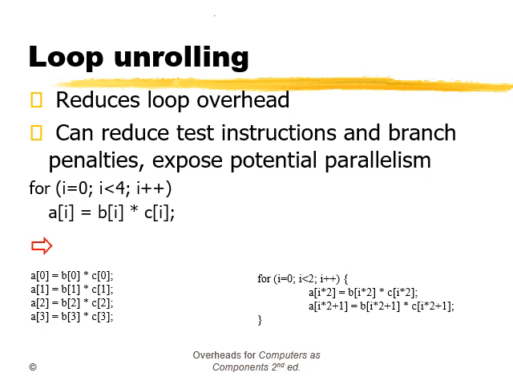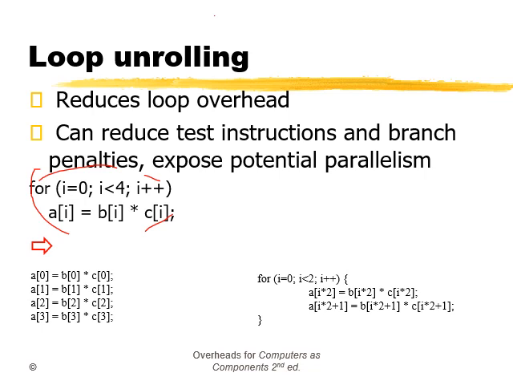Loop unrolling is a simple but useful transformation that reduces loop overhead, can reduce test instructions and branch penalties, and exposes potential parallelism. Here you can see we have the original code with 4 times unrolling.